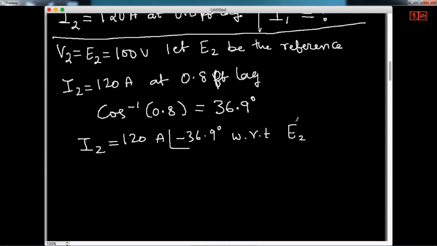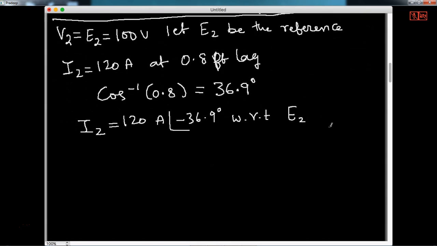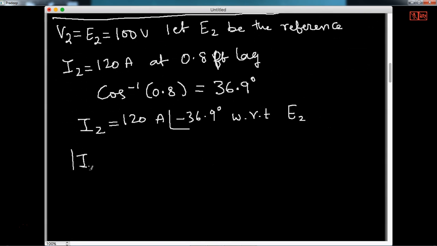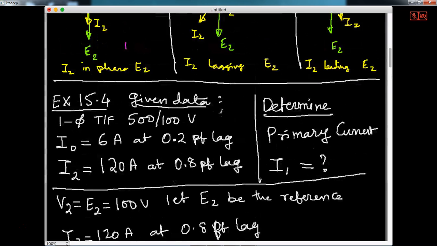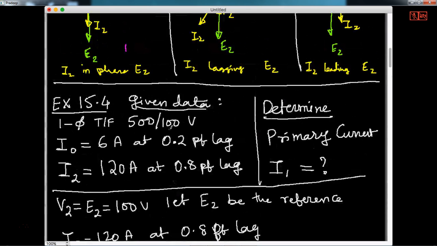Now, what is I2 dash? The magnitude of I2 dash, as we discussed some time back, will be 120 into N2 by N1, that is 100 by 500. To notice: because this is a step down transformer, look at the voltage ratio, the secondary current will be more than the primary current.